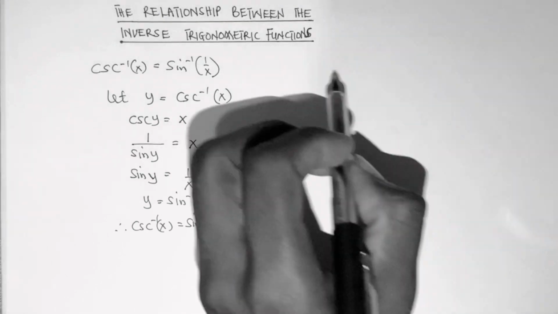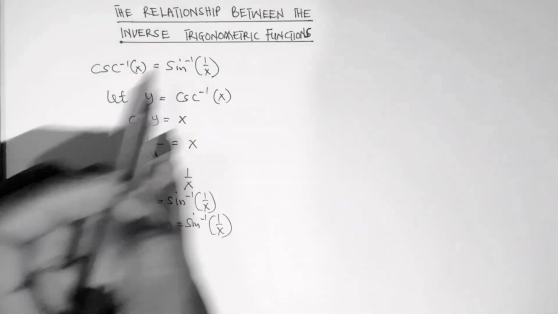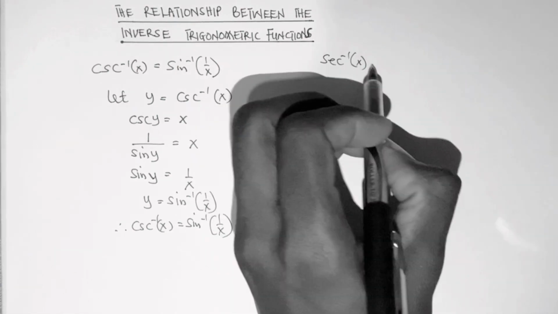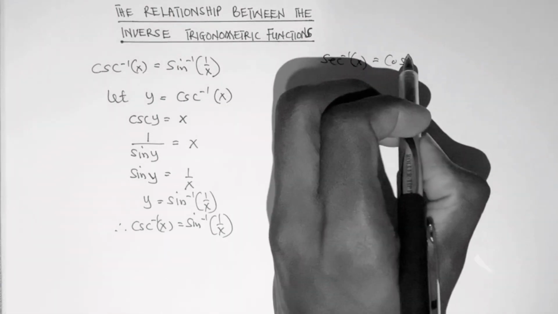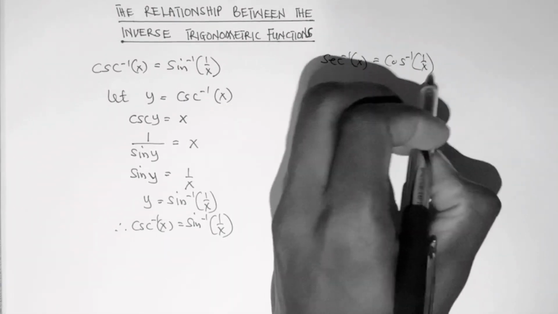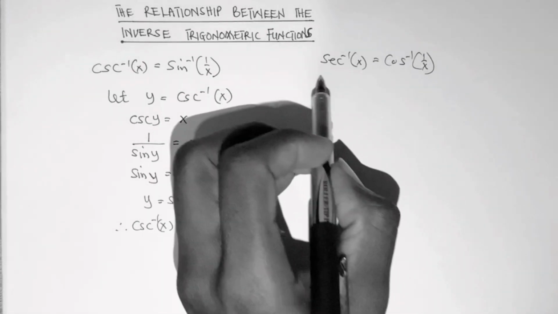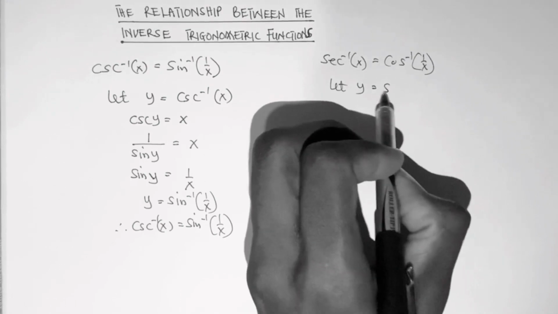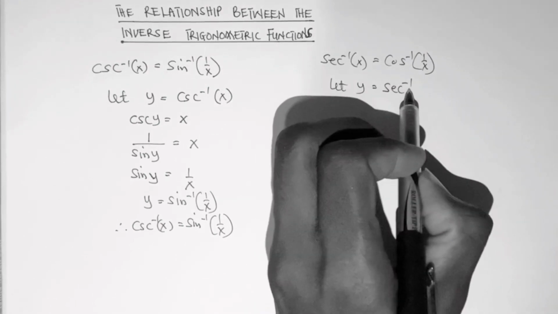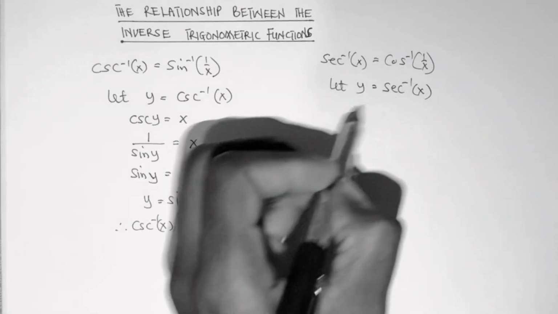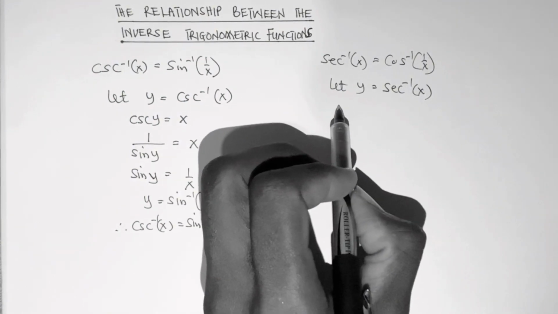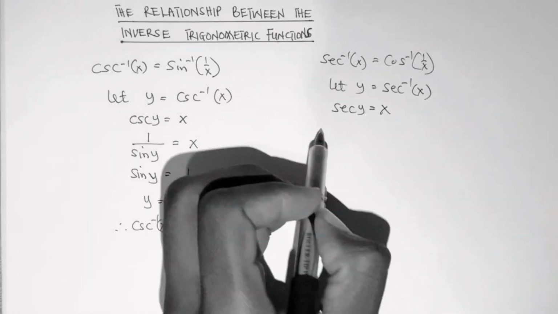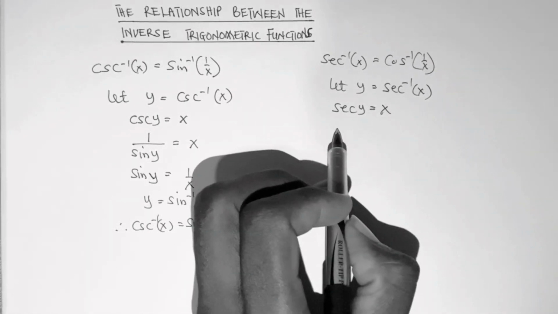Let's also prove this relationship, which is sec inverse of x is equal to cos inverse of 1 over x. So let's let y be equal to sec inverse of x. So it implies that sec y is equal to x. Sec y is the same as 1 over cos y.